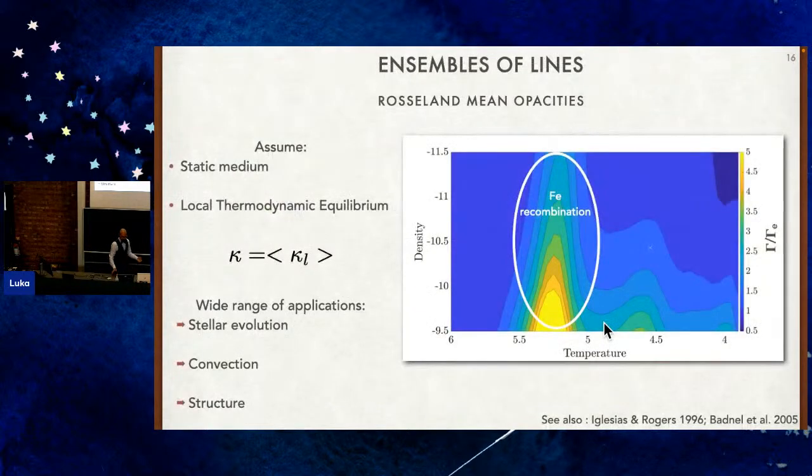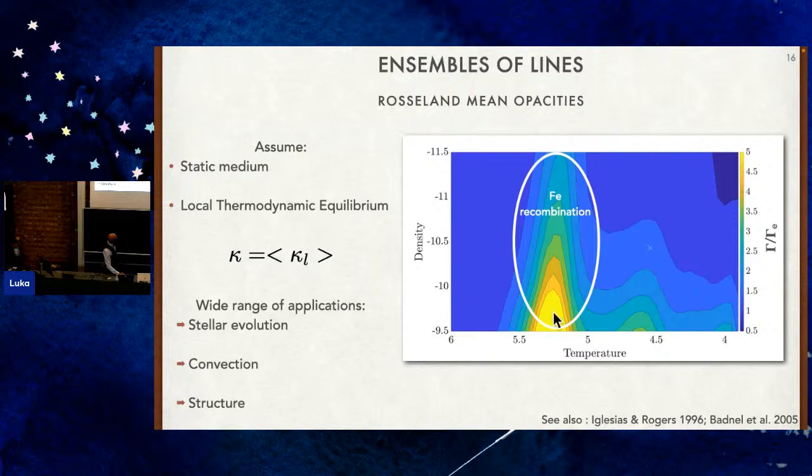One way is to assume that gas is not moving, and also assume that radiation and gas are in so-called local thermodynamic equilibrium. Then we can average the effect of all of those lines into the so-called Rosseland mean opacity and tabulate it as a function of temperature and density.